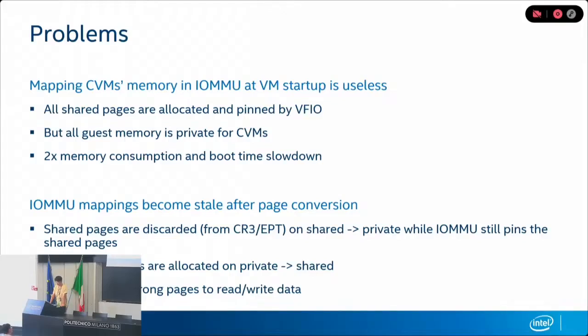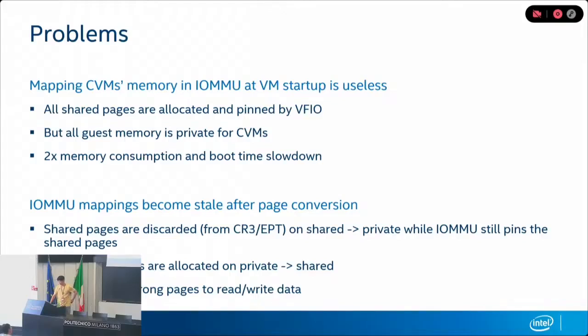So in the confidential case, I think the operation is useless, because all guest memory is private for a confidential VM at VM startup. So in this case, all the shared memory is allocated but unused. This causes 2x memory consumption and boot time slowdown.